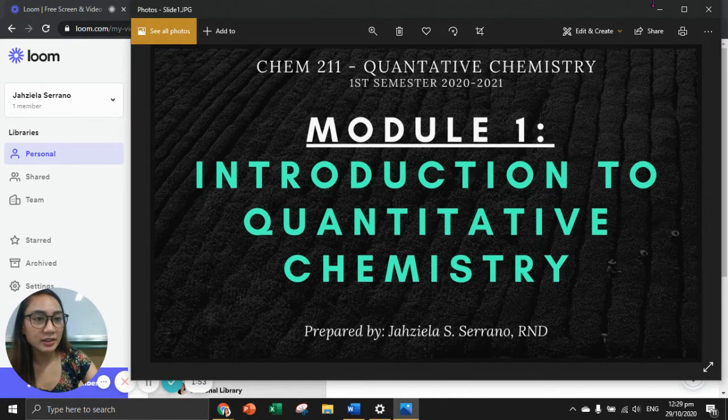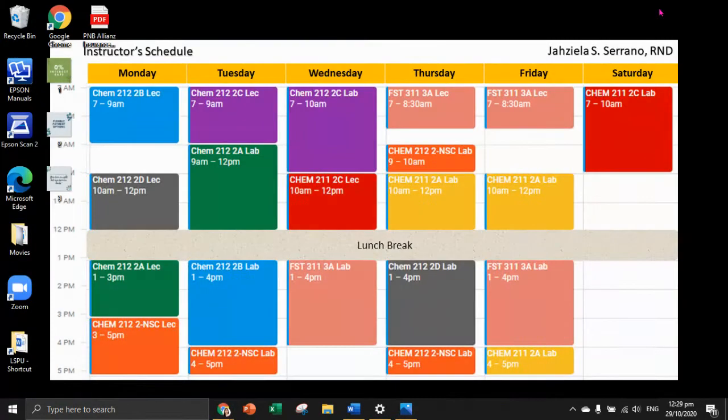So I'll just quickly show my schedule. So this is my schedule. For 2C, we have Wednesday, 10 a.m. to 12 p.m. And for the lab of 2C, 7 to 10 a.m. For section 2A, the yellow one, which is Thursday, Friday, 10 to 12.